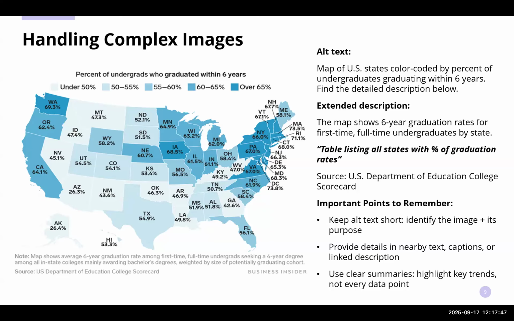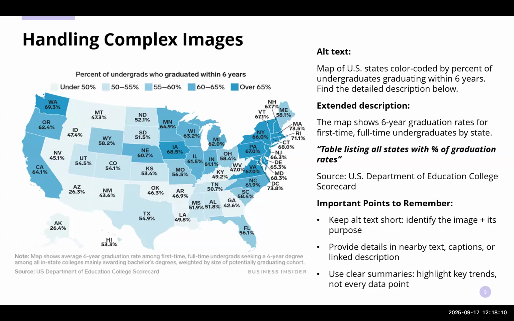To handle complex images without overwhelming the alt text, there are simple approaches. First, keep the alt text short and let users know where they can find the more detailed description, like a nearby caption, link description, or it could be a data table as well. The alt text should briefly describe the image and its purpose, not the detailed information.